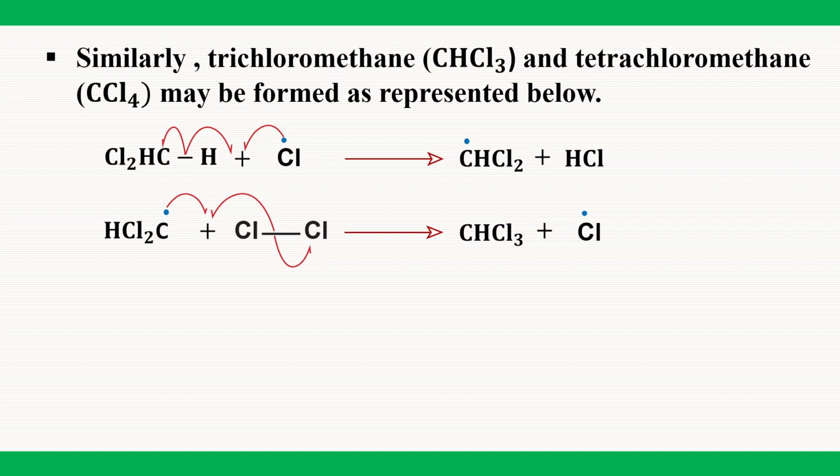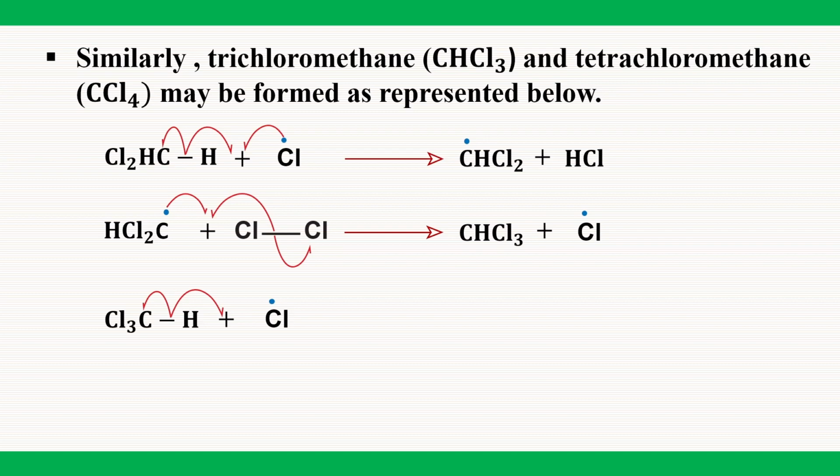Now we are going to see how CCl4 is formed. This is a CHCl3 molecule. It also has a CH bond. What happens is a chlorine free radical formed in the previous step attacks this CHCl3 molecule. As a result, this CH bond is broken homolytically.